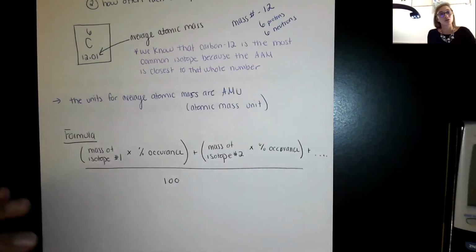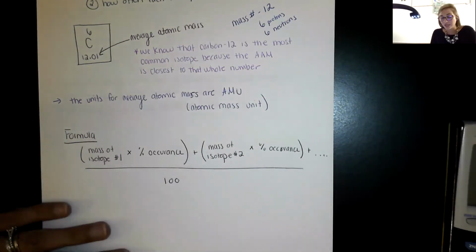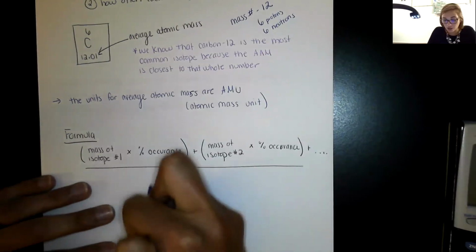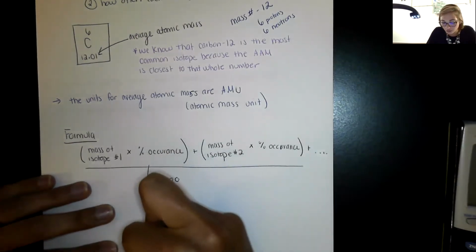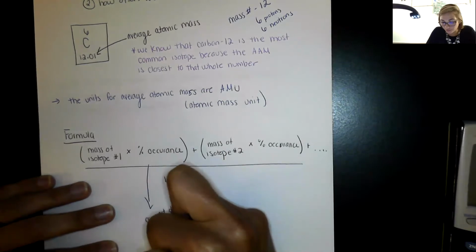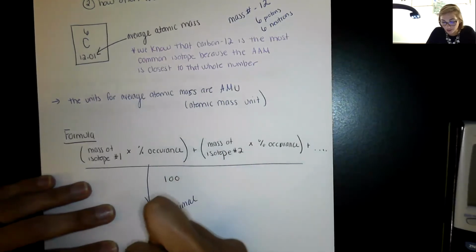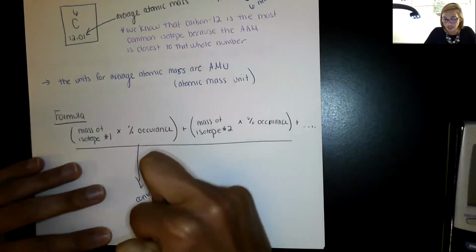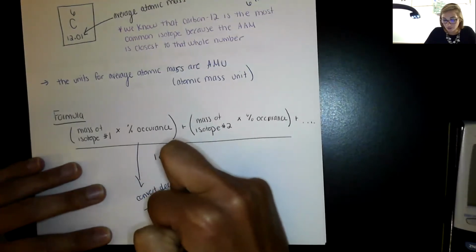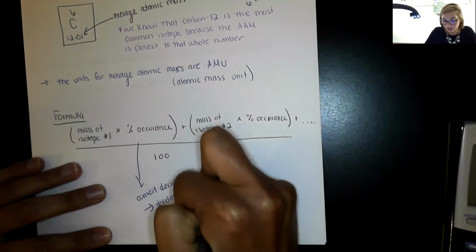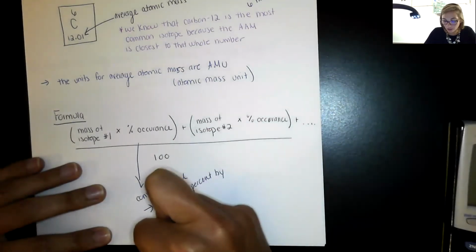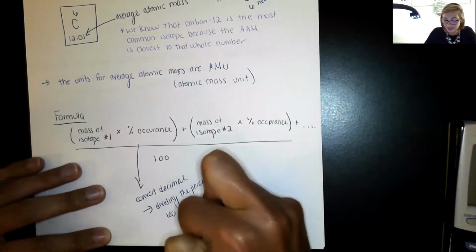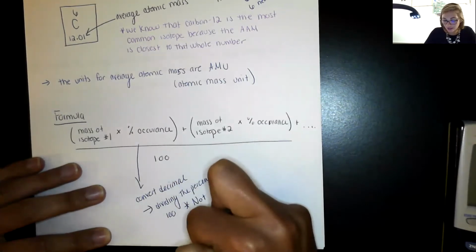Now, you can do this slightly differently. Instead of keeping your percent as a percent, you can convert to decimal form, which just means dividing the percent by 100 up front and then not dividing at the end.